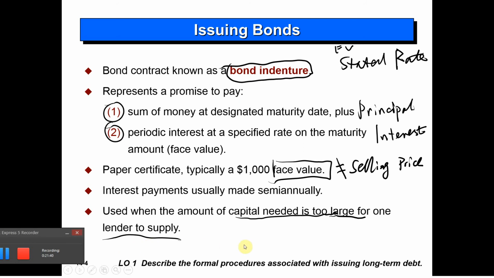With this being said, nowadays there's another type of long-term debt, and it is getting more and more popular. When the company size is very large, it has a large capital need, so one bank cannot provide the bank loan.